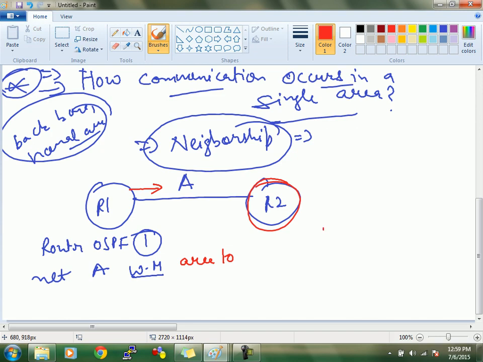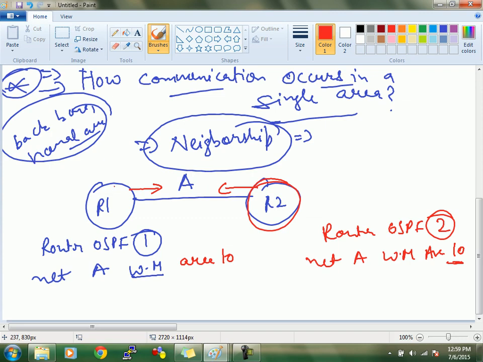Now I will come on R2, router OSPF. Let's say process number is 2. I will write here network A, wildcard mask, area 10. Area 10. What will happen after defining this network command? Two things, like they were happening in EIGRP.